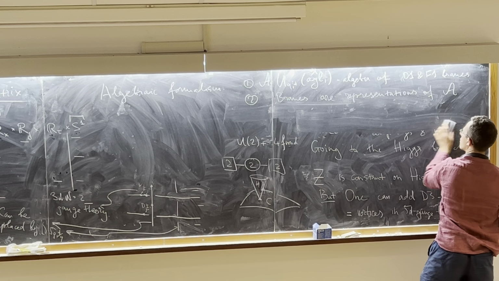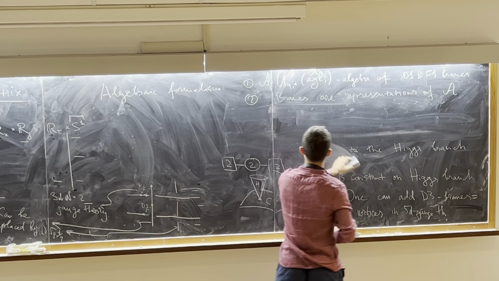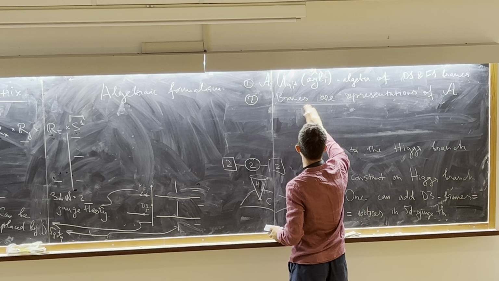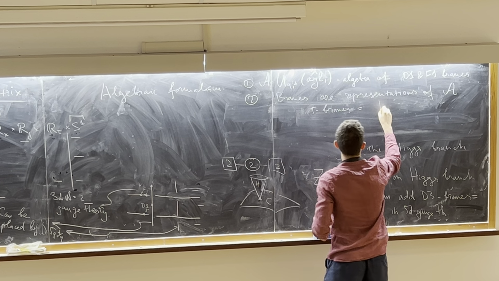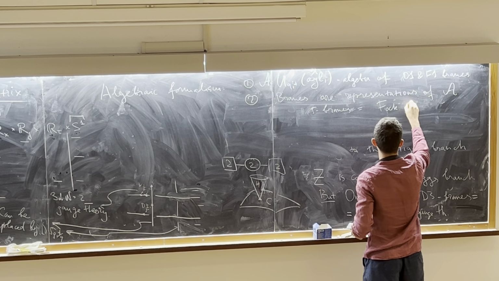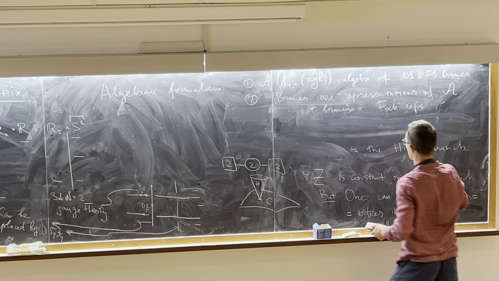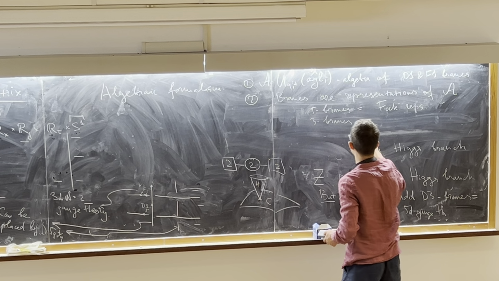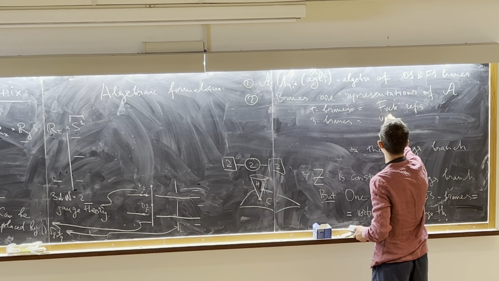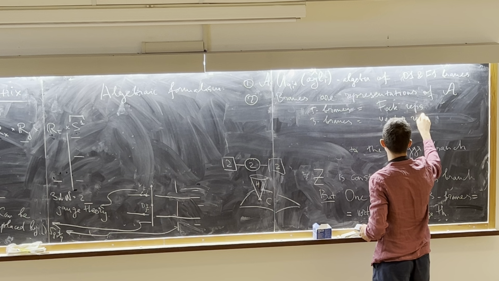Now, branes are going to be representations, and 5 branes are going to be Fock representations, and 3 branes are going to be a different type of representation called vector representation.